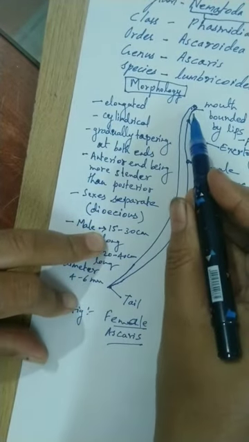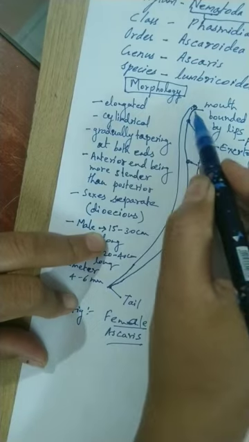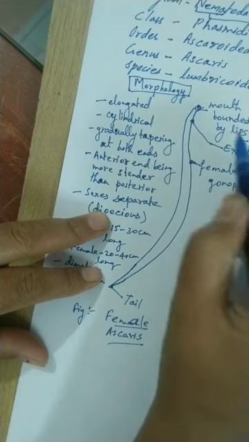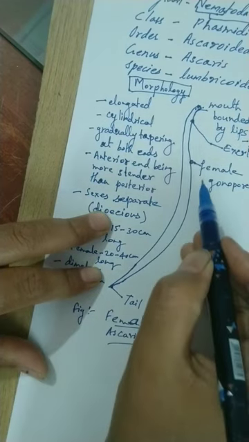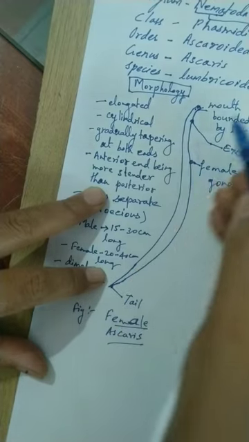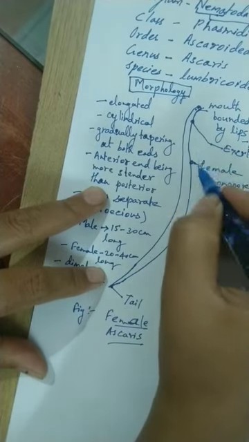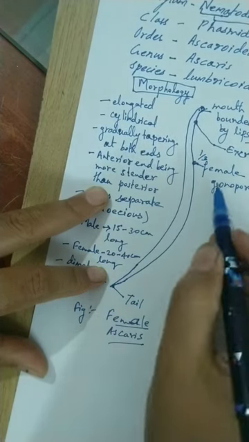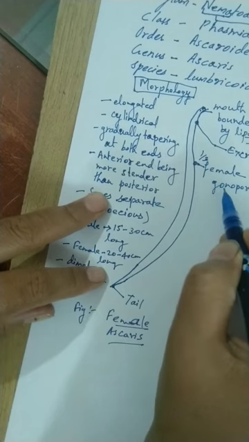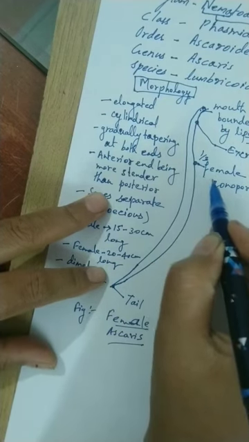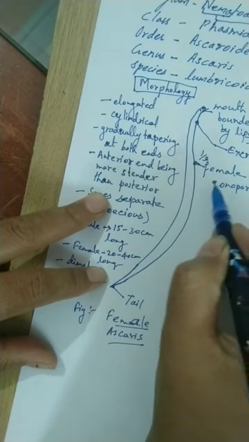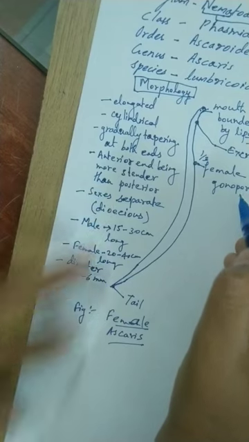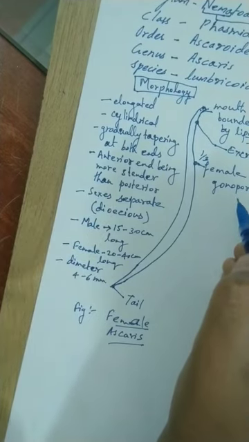Then, only 2 centimeters from the mouth, the excretory pore is present in both male and female organisms. Then in the first third of the body is the female gonopore, which helps in copulation during fertilization.